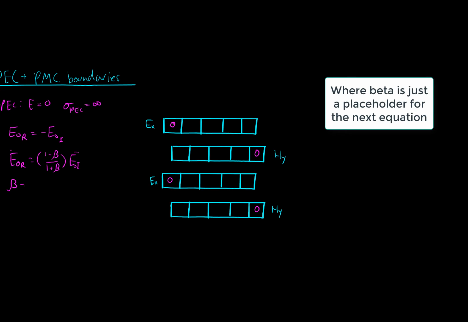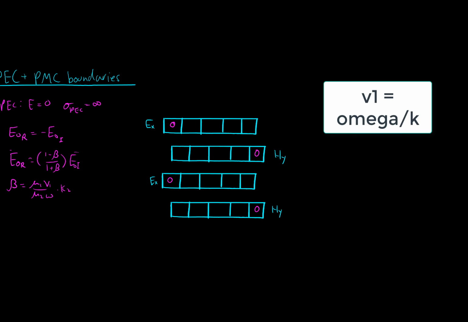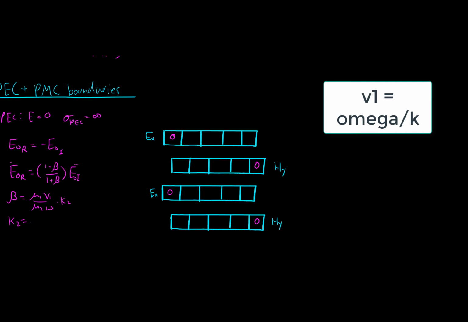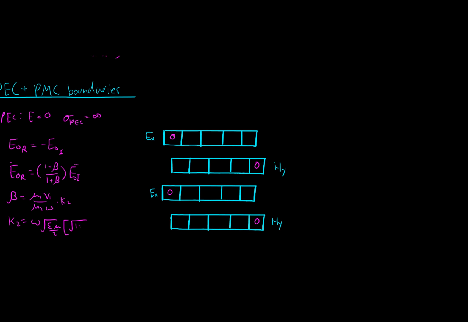Now, beta is equal to mu1 omega over mu2 omega times k2. Now, k2 is equal to omega square root of epsilon mu over 2 times square root of 1 plus sigma over epsilon omega squared, plus 1, to the 1/2.